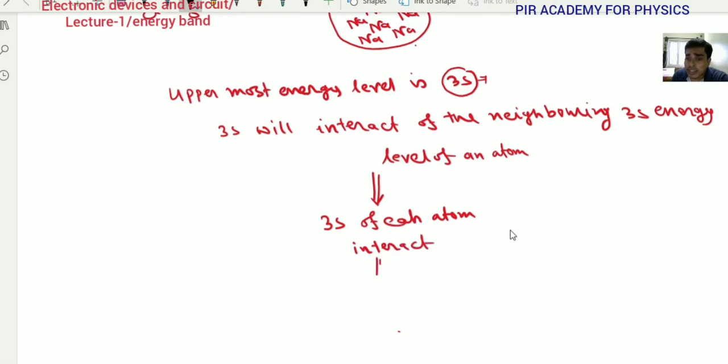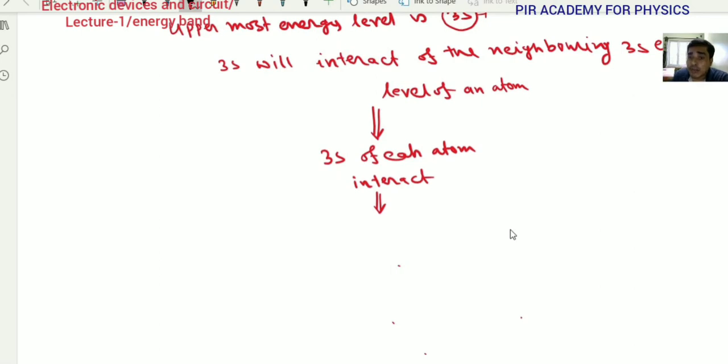For this interaction, there will be a change in the 3s energy level. That means the 3s energy level will be changed.